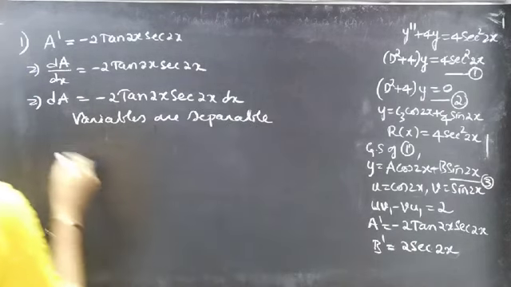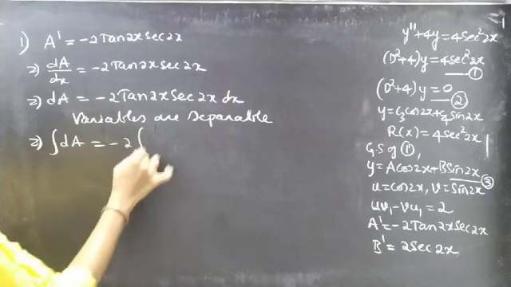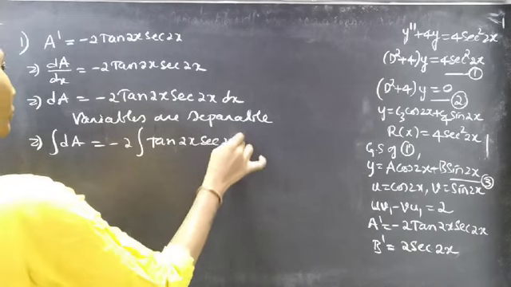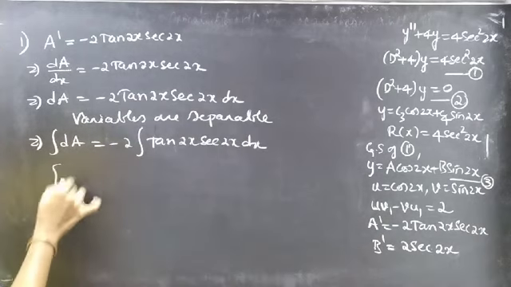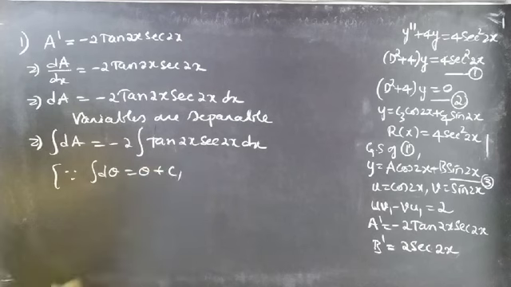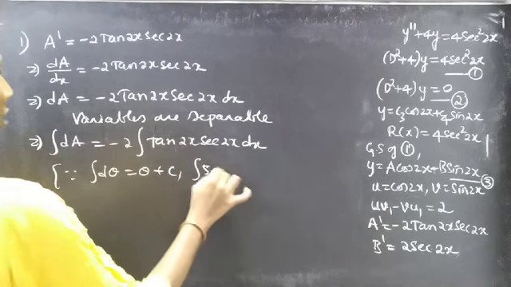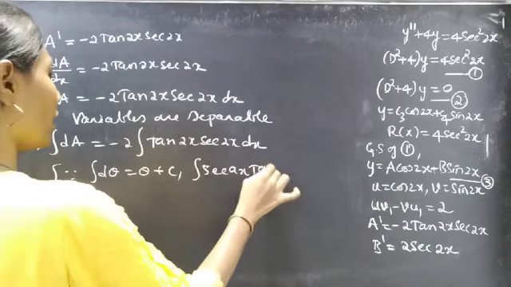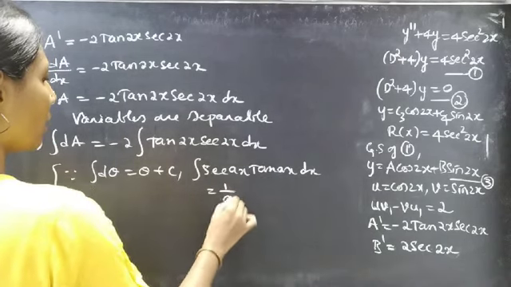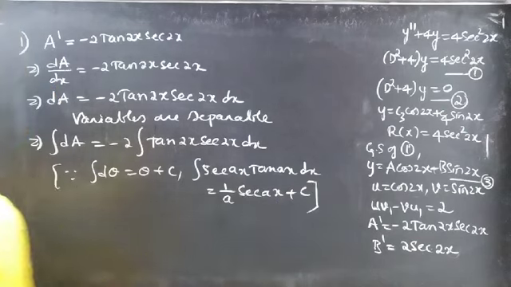So let's perform integration. Since we know that integral d theta equals theta plus integral constant c, and integral secant ax into tan ax dx equals 1 by a secant ax plus integral constant c.